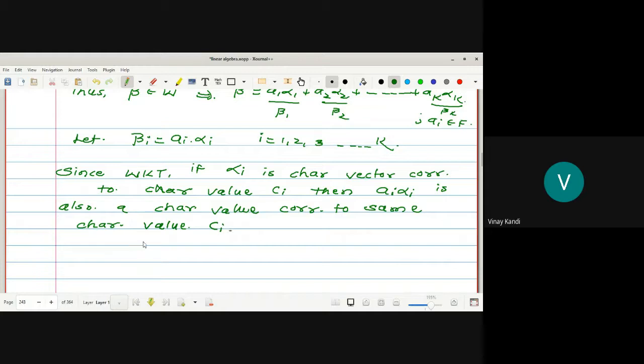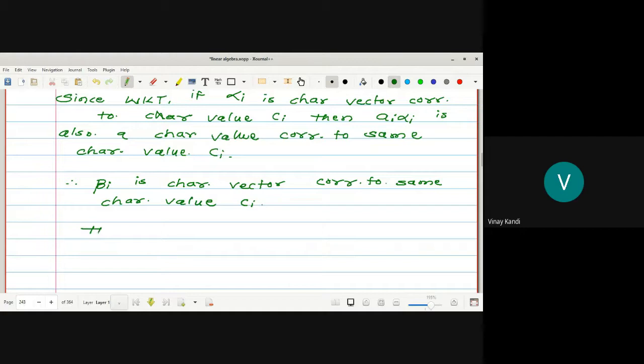Okay, so therefore this bi, ai into alpha, a scalar multiple of alpha, is a characteristic vector corresponding to the same characteristic value ci. Is it correct?